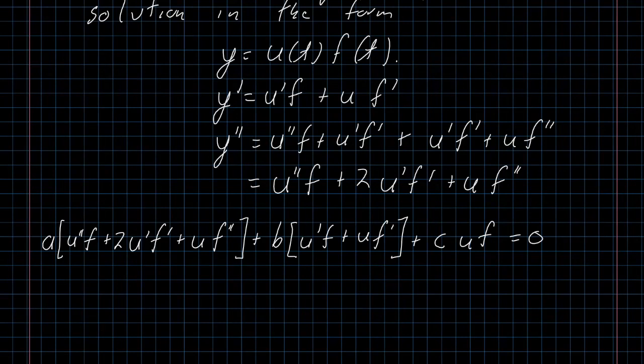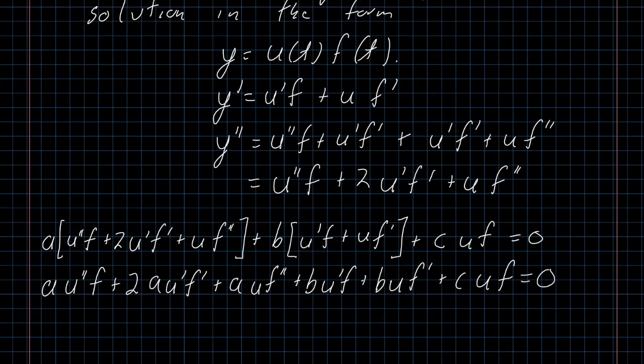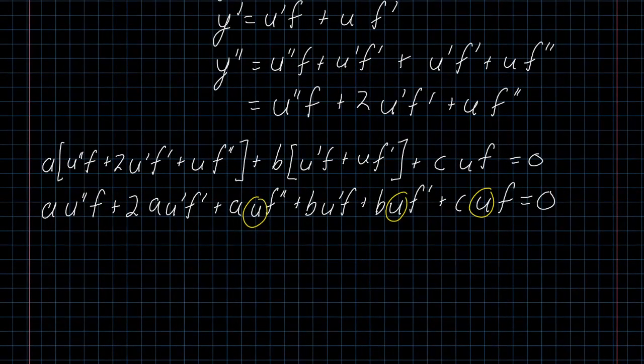Distribute everything. And then the reason that this is going to work out so nicely for us, I want to get all of the terms that have u rather than a derivative of u together. In fact, I'll get all of the u derivatives together.